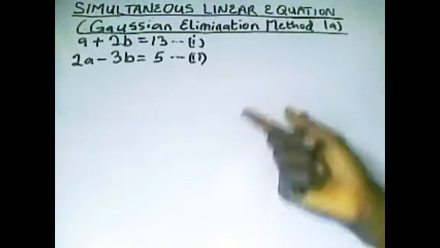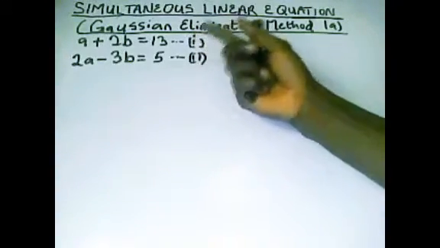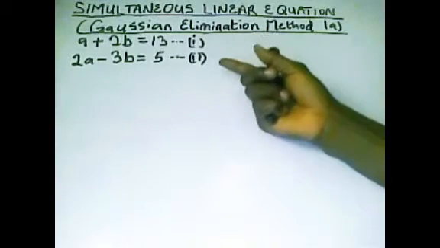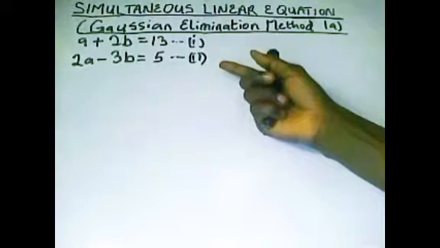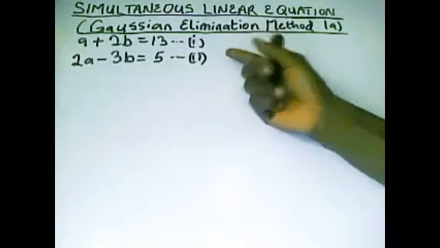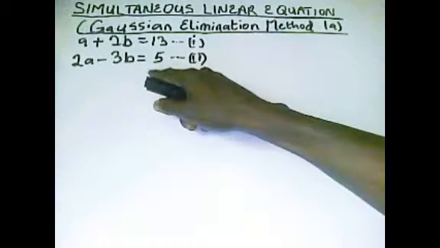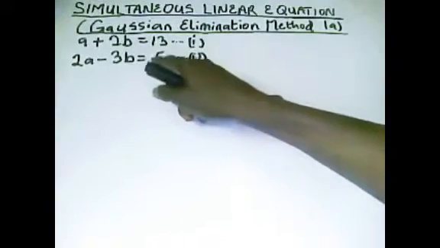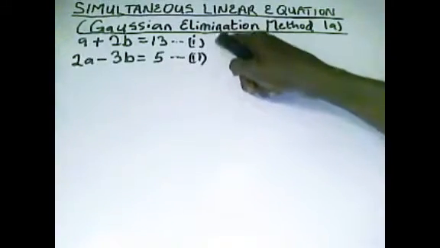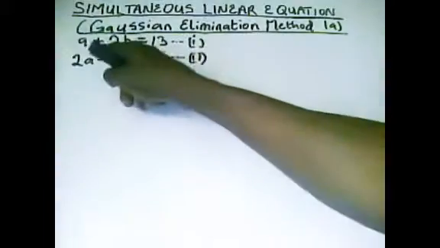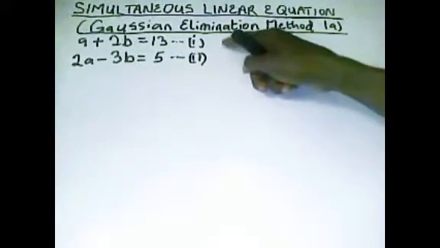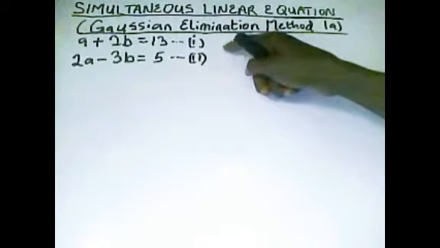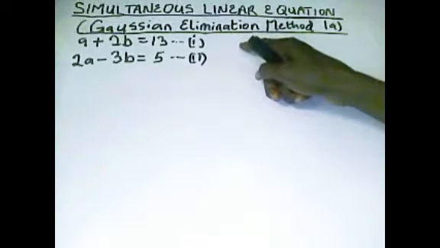Okay, now we have systems of three equations with three variables, and we also have systems of two equations with two variables. The one we are dealing with now is the system of two equations. That means we have two equations with two variables, in this case A and B. So how do we solve these two equations on the board using our Gaussian method?